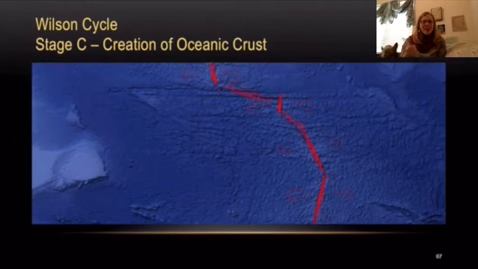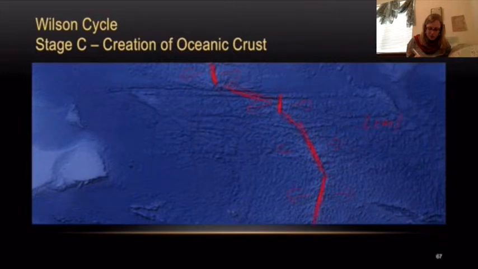How fast is this happening? This is an interesting question. How fast does this move? Is it really fast? Is it slow? My dog is like, what is this? In my computer. This moves apart at the rate of about 2 centimeters per year.